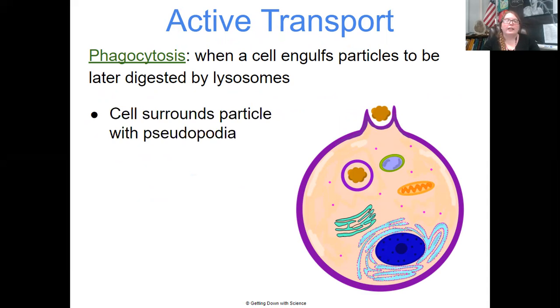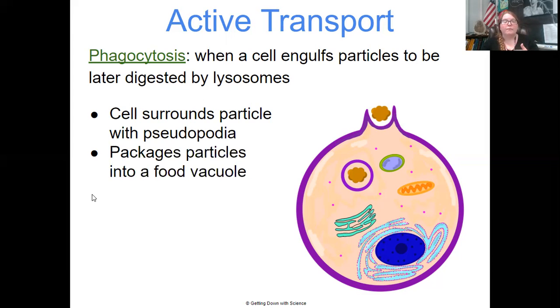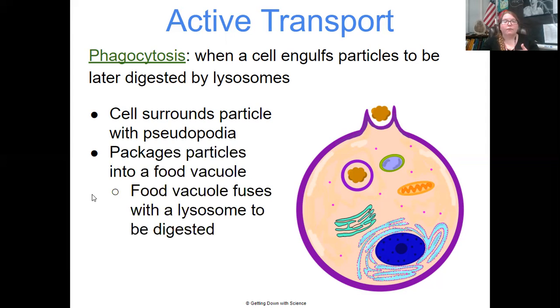If you look at the diagram, what that basically means is it can Pac-Man some stuff. It just engulfs it, and then it makes a little vesicle. Like it pinches off some of the cell membrane to make a little pouch, and then I can attach lysosomes to it later to break it up. So the food vacuole gets fused with a lysosome to be digested.